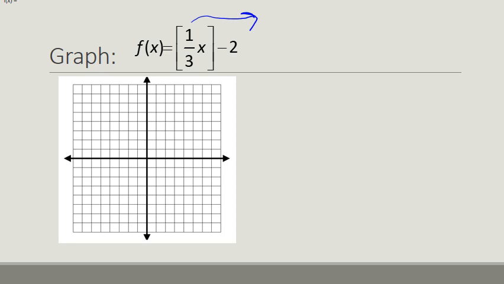For this graph here, I'm going to go down 2 to start. Okay, but my x values are going to be 3 times as long. So we're going to stretch this out to 3. Stretch that out to 3.